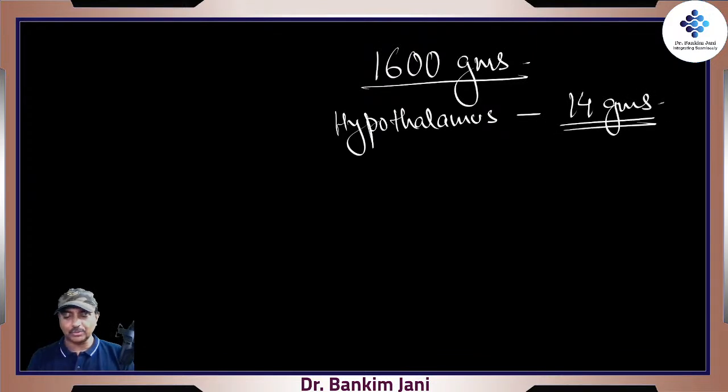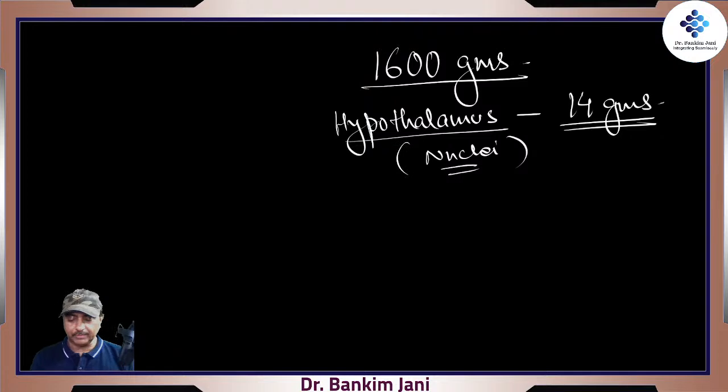It is just 14 grams, because even 1% of 1600 grams would be just 16 grams, so this is not even 1%. It is that small, but it comprises so many nuclei, and all these nuclei collectively run some very major functions. Very interesting and very powerful functions.